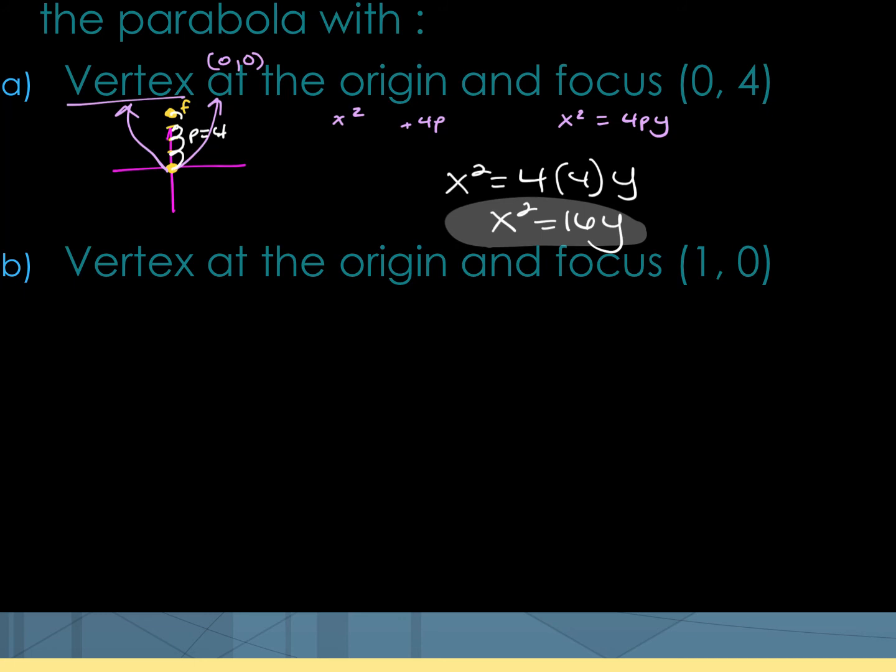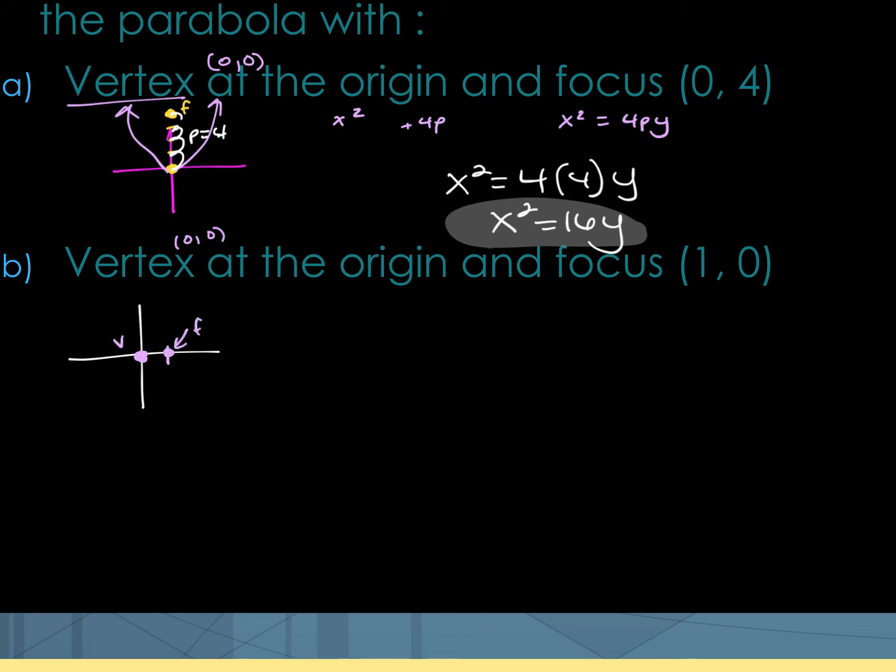All right, B says vertex at the origin and focus at 1, 0. So vertex at the origin, again, means it's at 0, 0. Which means I use my shorter equations. Focus at 1, 0. Which way is this one facing?